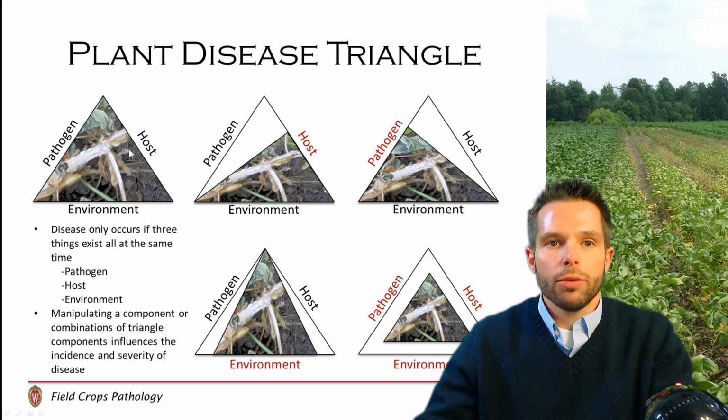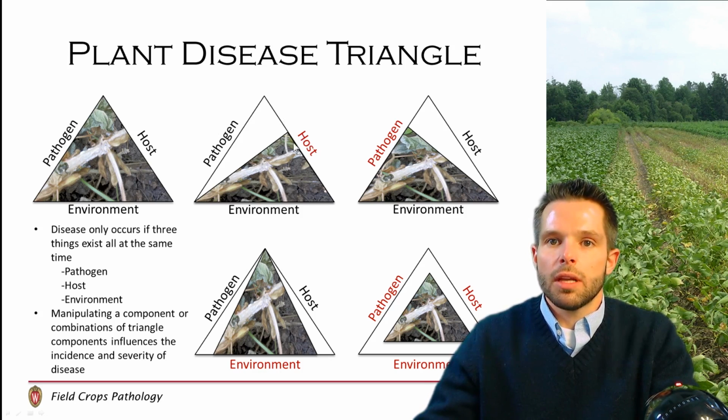So we have to have all three of these components coming together at the same time in order for the disease to develop. Now, if one of these components is missing or we reduce that component in some way, we could essentially reduce the amount of disease in that particular system.